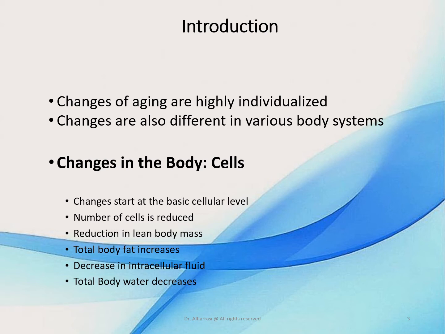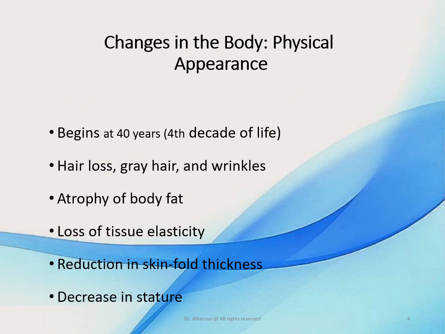In addition, the lean body mass will be reduced. Also, the total body fat increases, as you know. There will also be a decrease in intracellular fluid, in addition to a decrease in water, which is the biggest composition in the body.